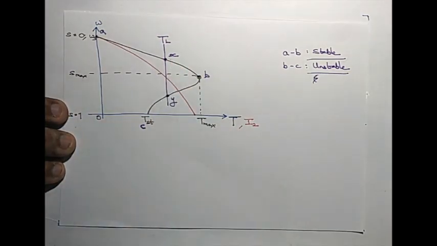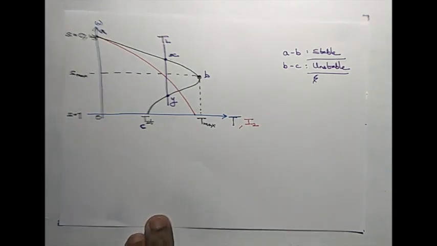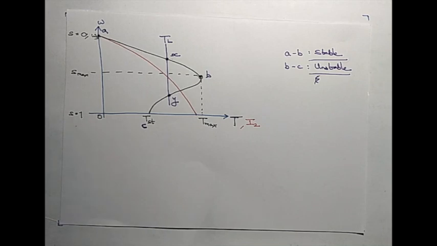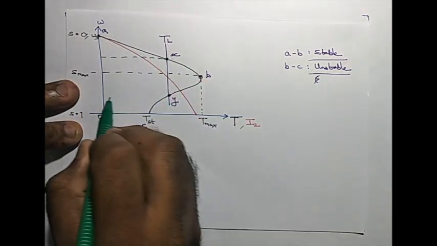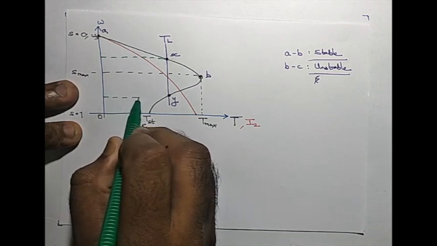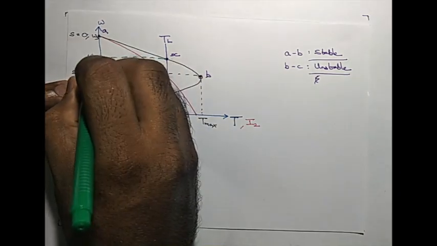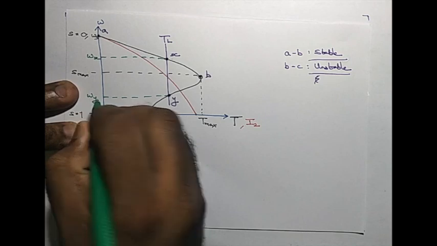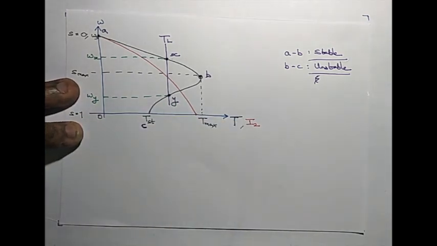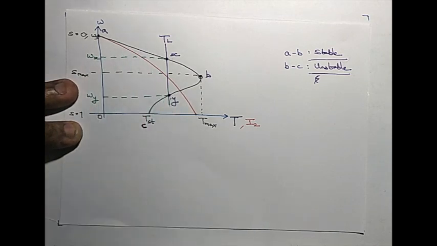Either way, the load torque is satisfied. The only difference is that this operates at omega x corresponding to operating point X, and this operates at omega y corresponding to operating point Y. So this operates at a larger speed and this operates at a smaller speed.